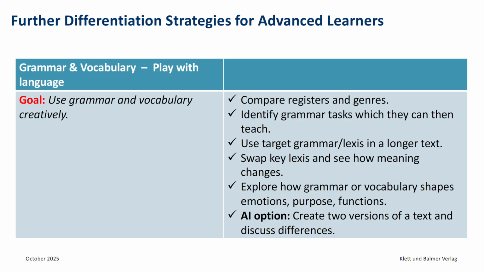Okay, but we can use grammar and vocabulary creatively. Like I said, I gave you the example before with the messy texts where you compare the language. We can use the Feynman technique here, where they can teach small bits of grammar, because it helps you check if they've got the grammar as well.